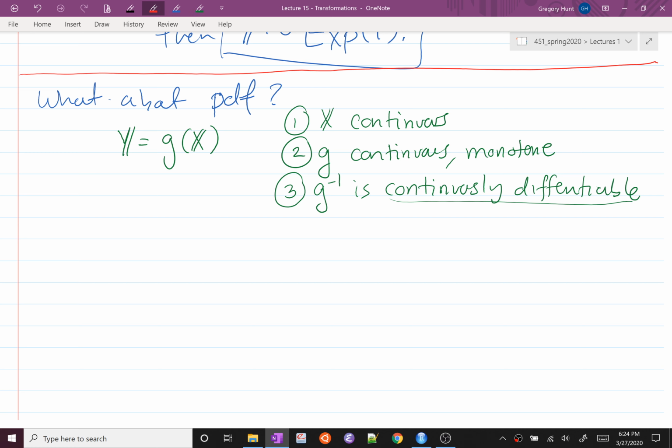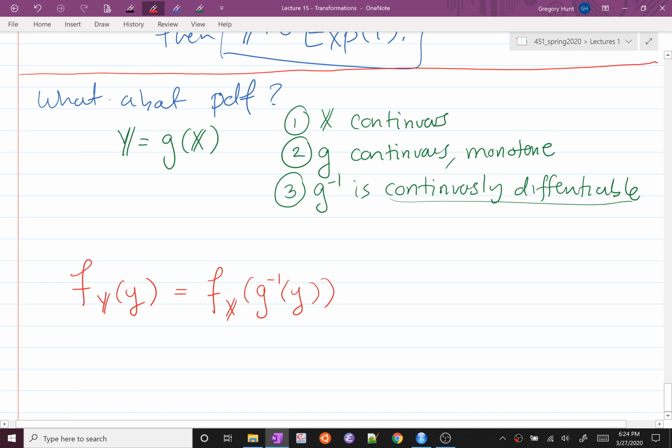And the theorem is, if I want to get the PDF of y, f_Y of y, I can derive that from the PDF for x. So in the discrete case, it looks something like f_X of g inverse of y.